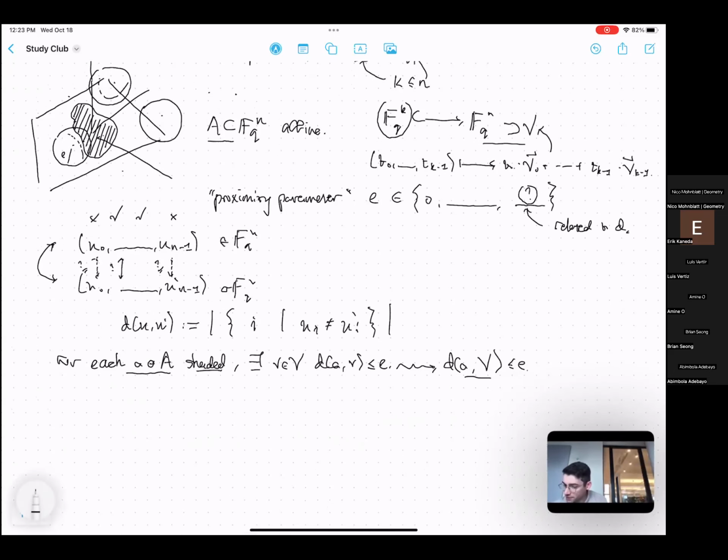Okay, what a proximity gap says is, what we're interested in is the size of the shaded region.